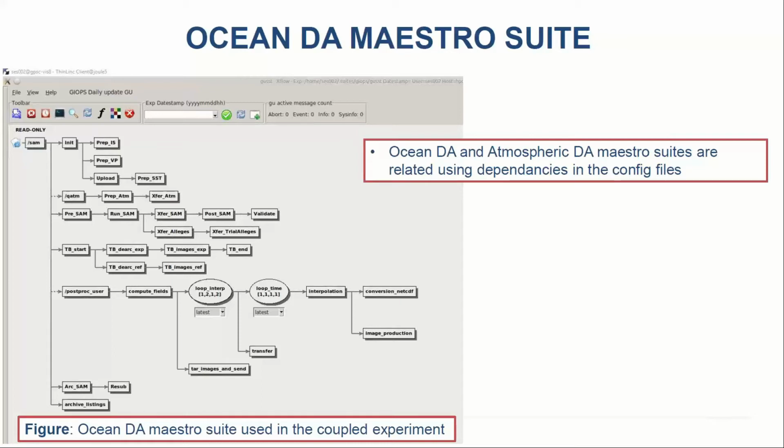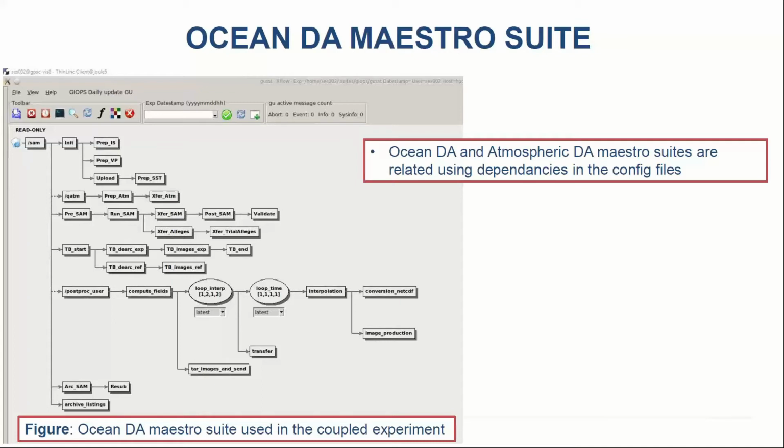In coupled data assimilation, we not only need to establish communication between models, but the data assimilation systems should also talk to each other. Using MAESTRO, it's quite straightforward, because each MAESTRO suite, similar to the modules and the model nodes inside the suite, has a configuration where the suite dependencies may be set.